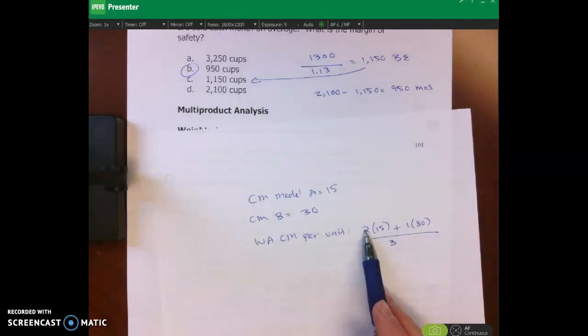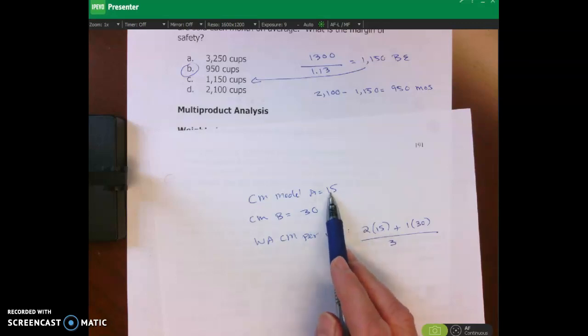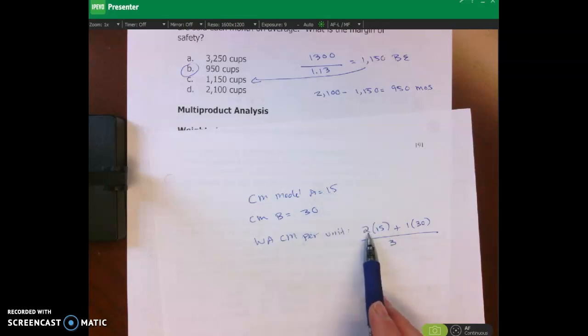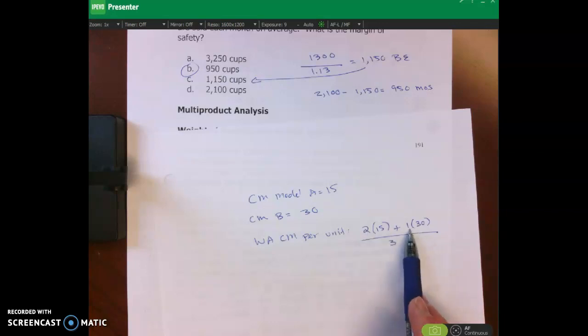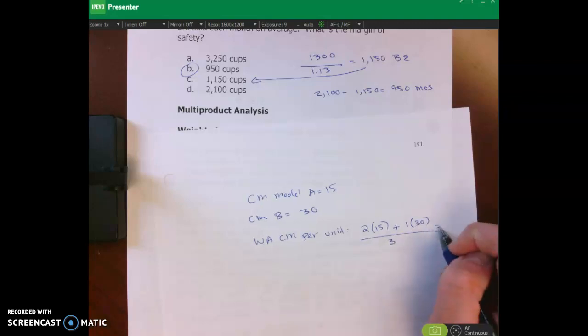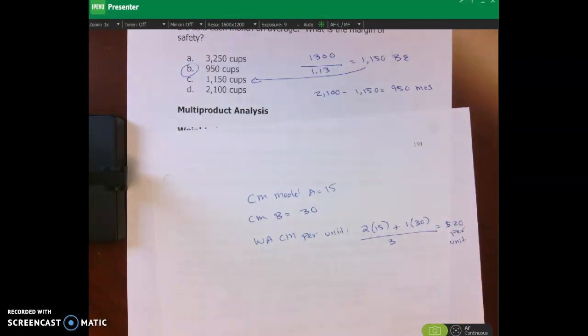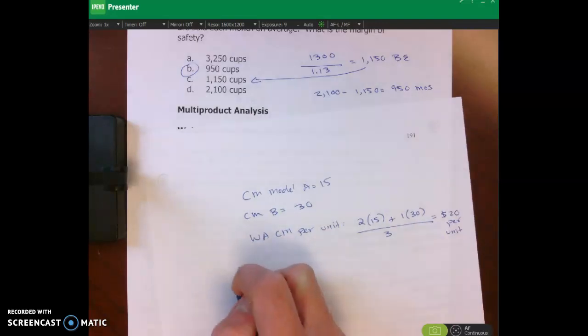What I did is multiply the contribution margin per unit by the sales mix. Remember, we sell 2 Model A's for every 1 Model B. So 2 Model A's, 1 Model B, and then I divide by the total, which is 3, giving $20 per unit.